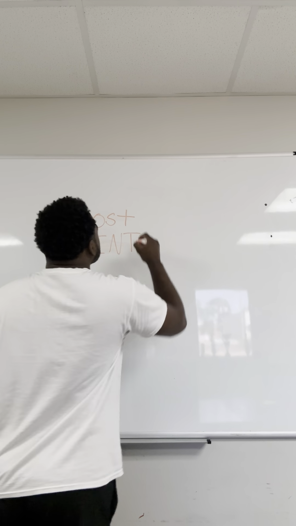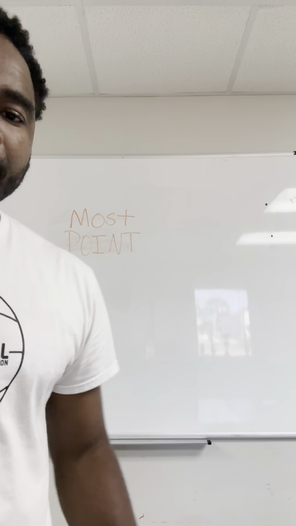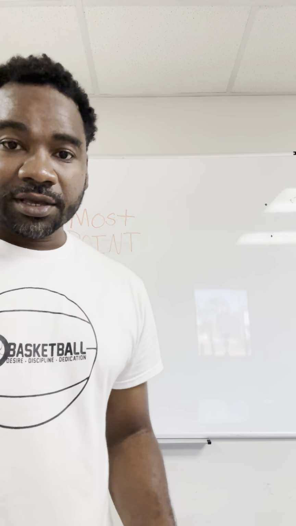So just to keep it very, very simple, to become the winner of the game, you must have the most points. If your team has the most points, you win the game.